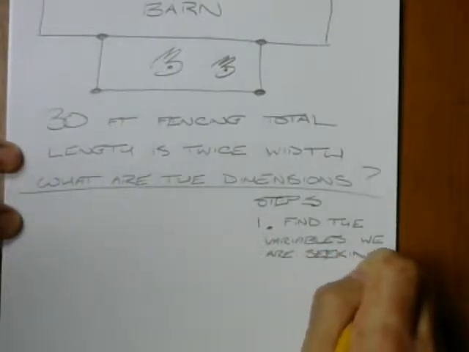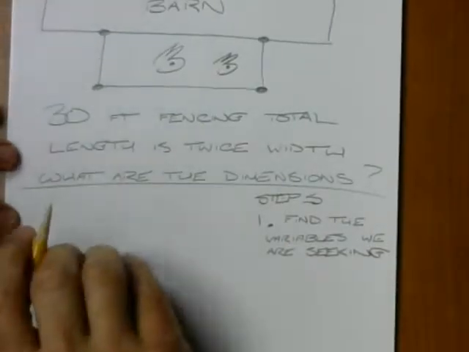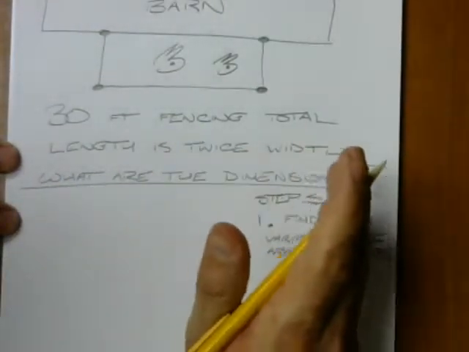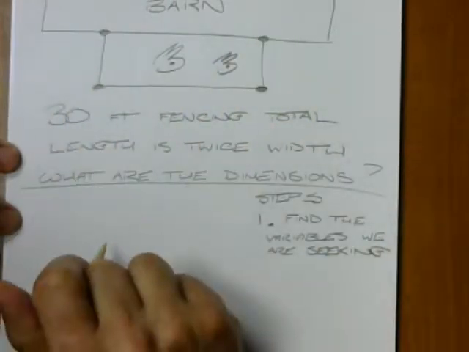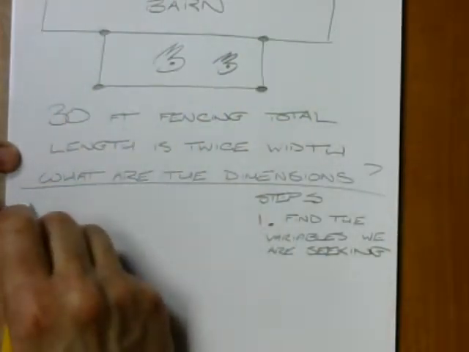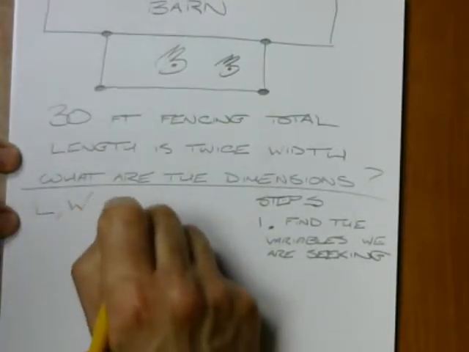That's kind of ambiguous. What do I mean by that? I mean, whatever variable it is, let's identify the variable that we're looking for. Like, we're not looking for the perimeter of this fence, right? We know that there's 30 feet of fencing total. What we're looking for are the dimensions, so the length and the width. So this is what we want to find.